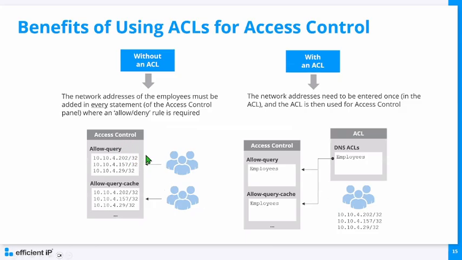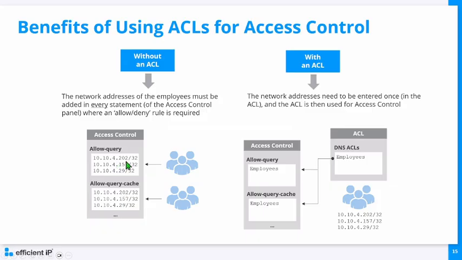If I assign an IP address or subnet in the access control, this allow query for 10.10.4, 202.157.29. You see that? And then you repeat this for another access control because you want to allow them to use the cache.